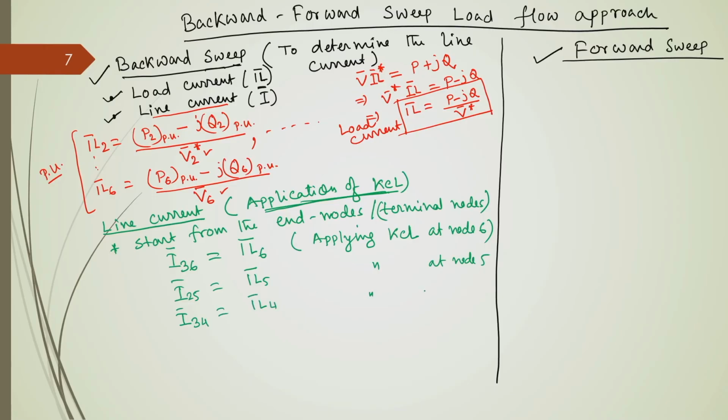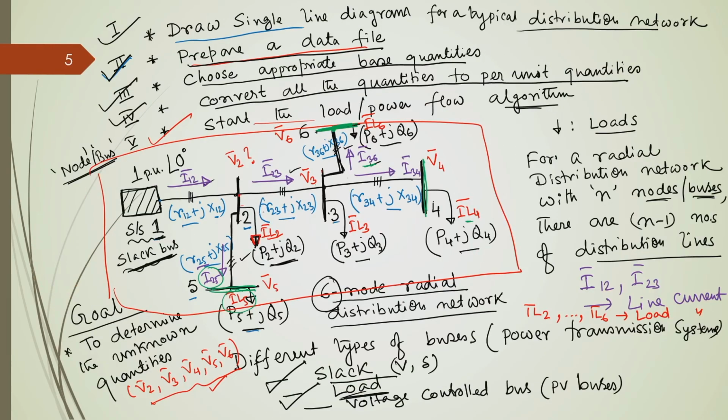This is also application of KCL at node 4. Now, again we apply KCL at node 3. This will give the line current entering through this node, that is I23. If we apply KCL at node 3, this will be equal to the summation of the outgoing currents, that is I36, IL3 and I34.